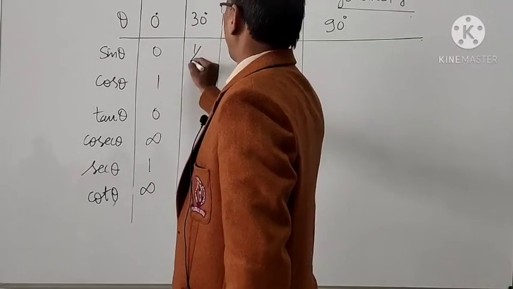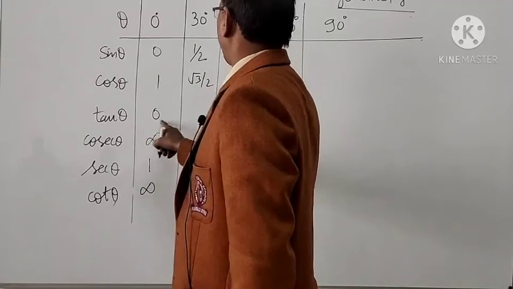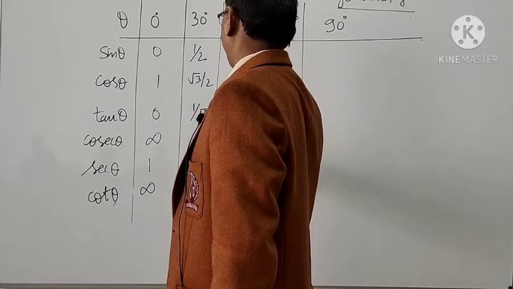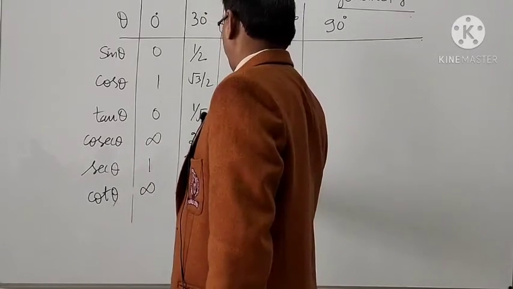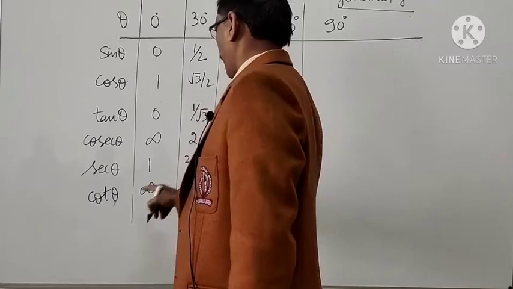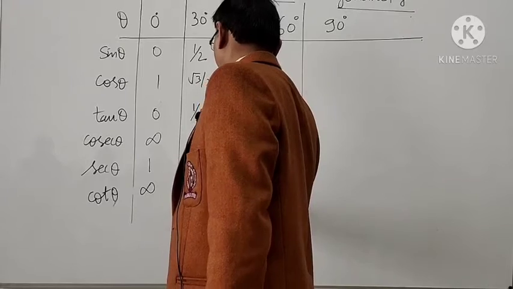At 30 degree: sin 30 is 1 upon 2, cos 30 is root 3 by 2, tan 30 is 1 upon root 3, cosec 30 is 2, sec 30 is 2 upon root 3 and cot 30 is root 3.